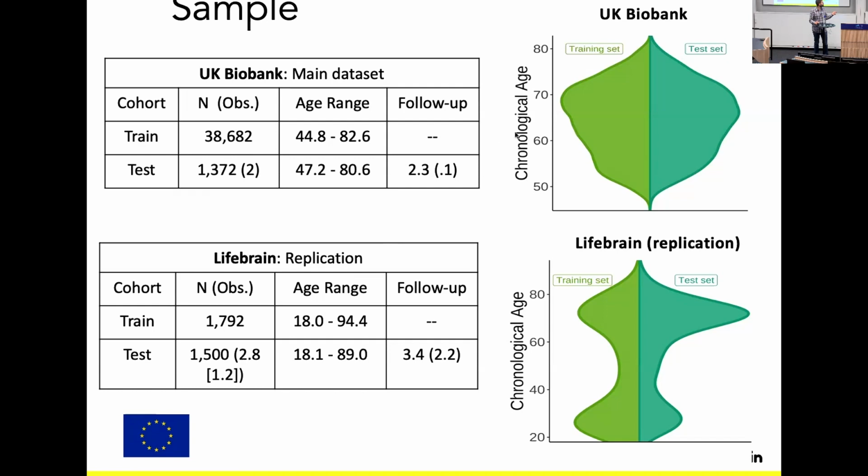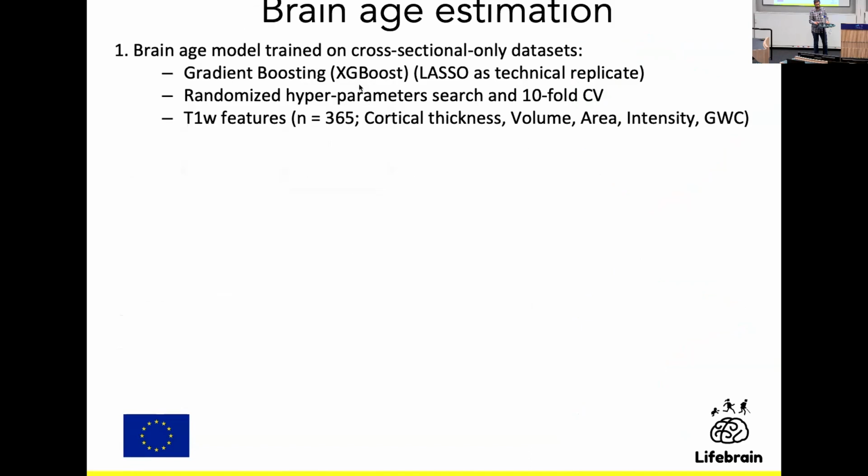You can see the age distributions here: Lifebrain has a longer age range, longer follow-ups and more observations on average, but also more heterogeneity. That's one of the reasons why we chose UKB as the main dataset and Lifebrain as a replication.